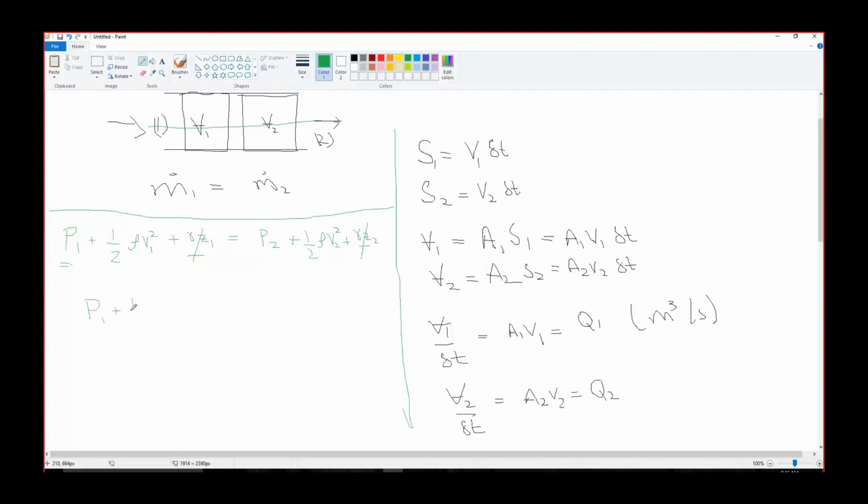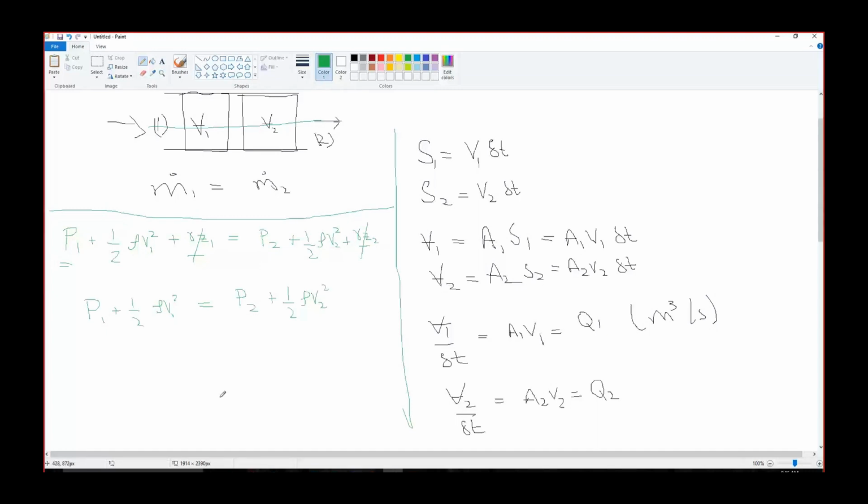So P1 plus half rho V1 square equals P2 plus half rho V2 square.